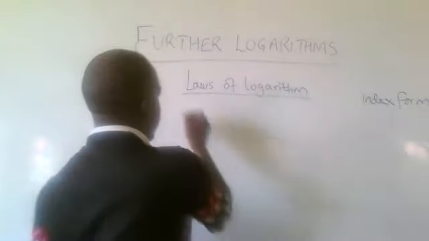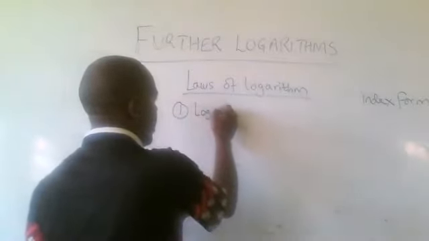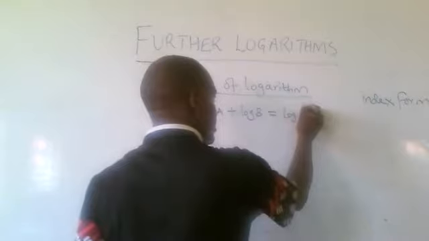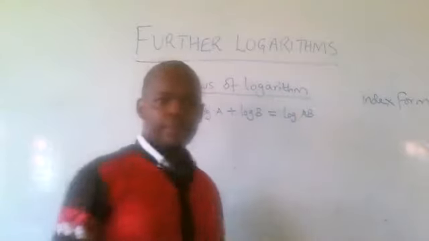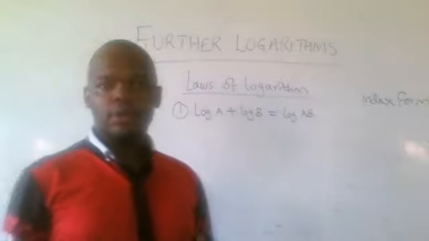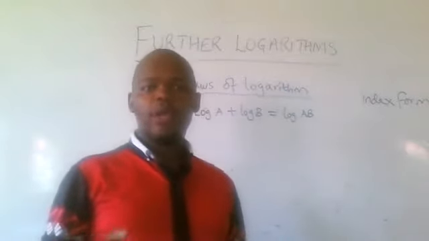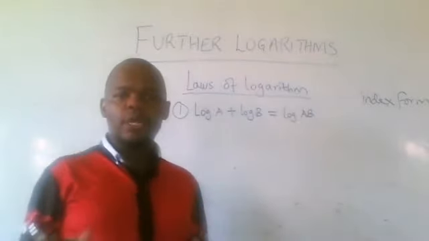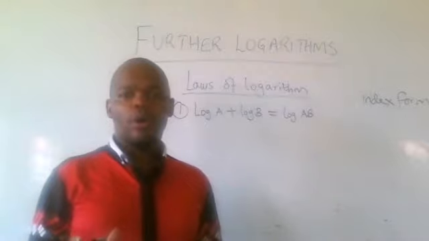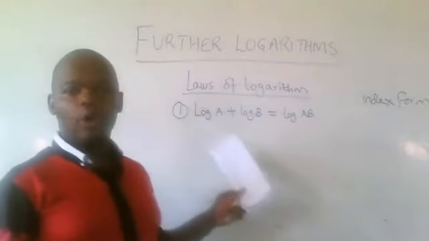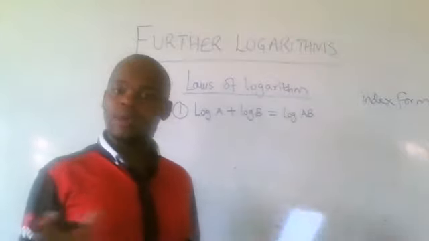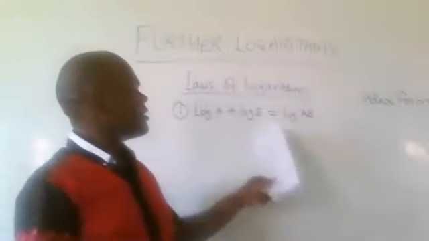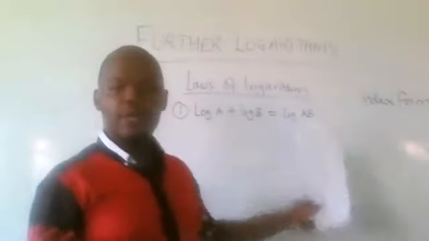Number 1, log A plus log B is equal to log AB. We cannot change multiplication with addition. There is no law that says we multiply logs. It's about adding logs. So adding logs is the same as the log of the product AB.